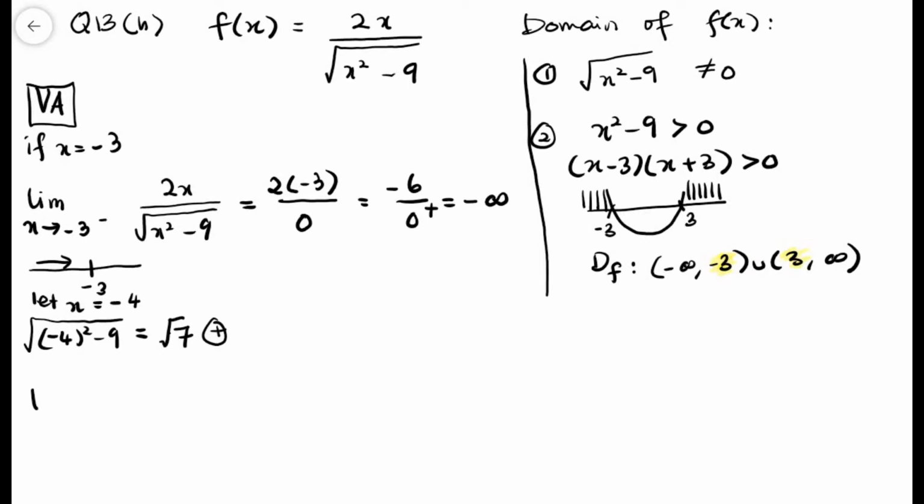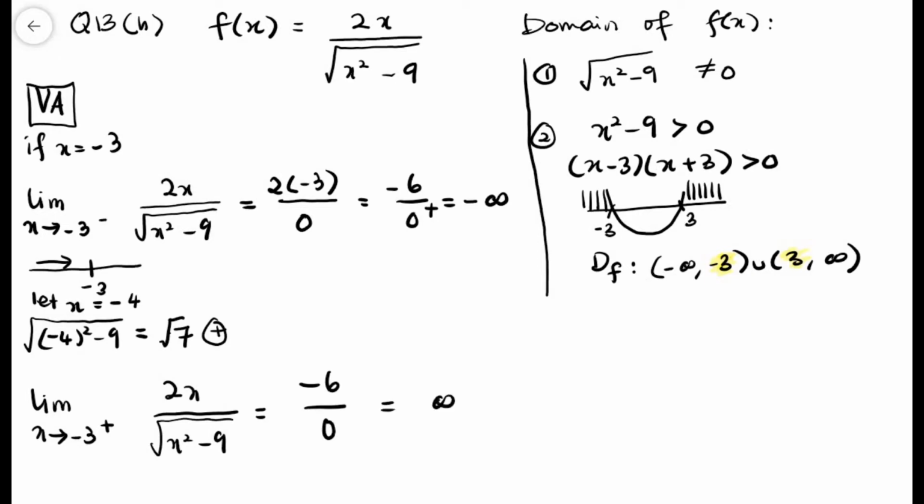Then you find the limit as x approaches negative 3 from the right. So here the function is 2x over the square root of x squared minus 9. The same thing, when you substitute, you still get negative 6 over 0. So the answer would be either positive infinity or negative infinity, but you should refer from the right. So let's say x equals 0, from the right.